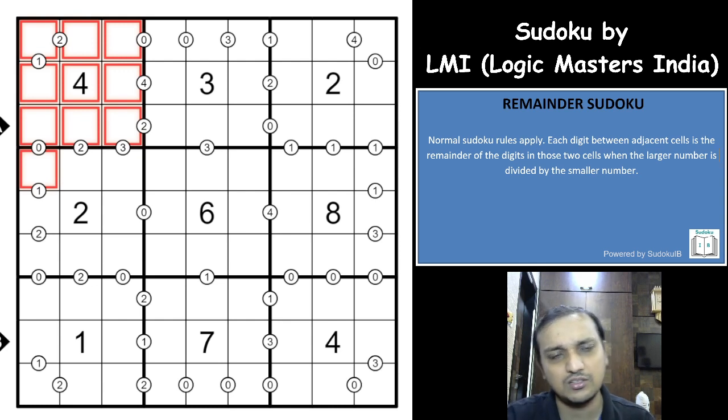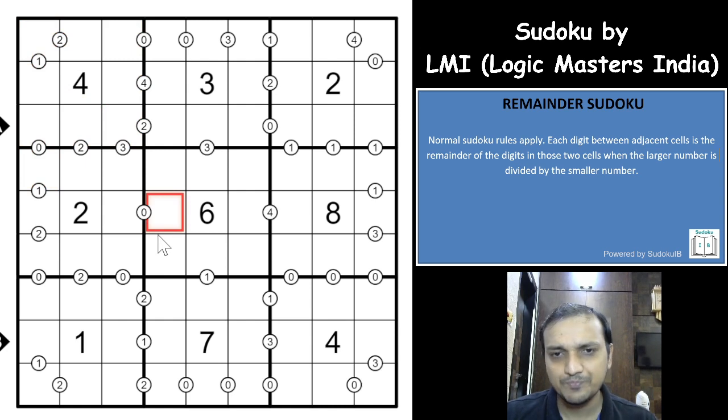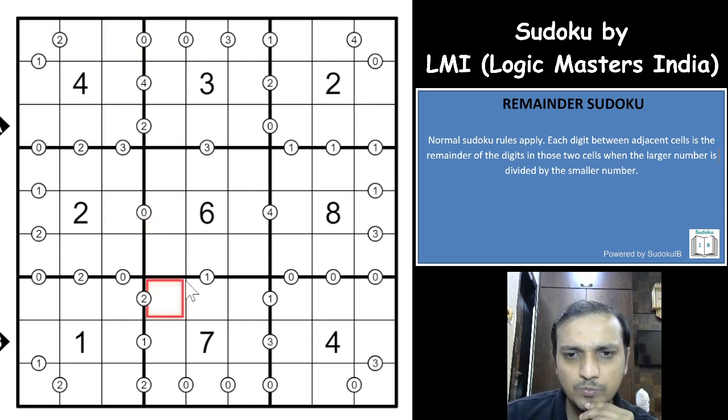If you have a 0, there is 0 remainder, and if you have a 1, when the larger digit is divided by the smaller one, you have a remainder of 1. The same goes for 2. You need to find those two digits and solve the Sudoku. With that we'll start solving.